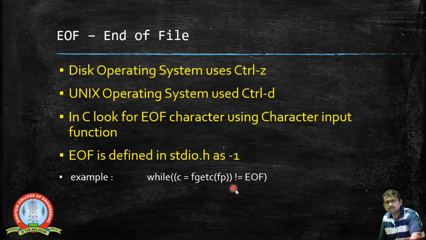When EOF comes at the end of the file, the condition c not equal to EOF is not satisfied, so the loop breaks. So until you reach the end of the file, you keep reading the characters in the file. This is the example.